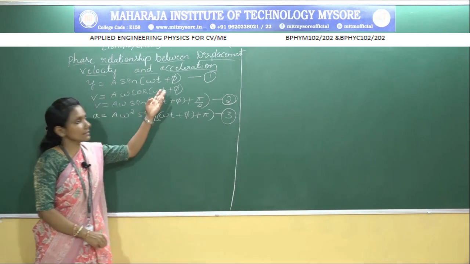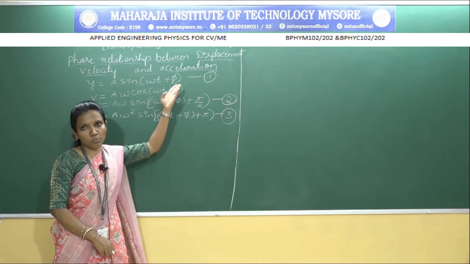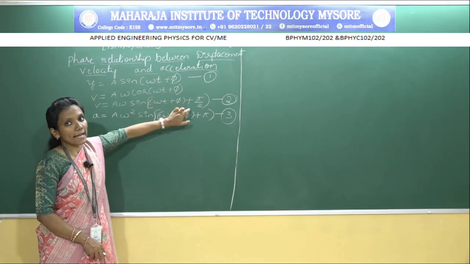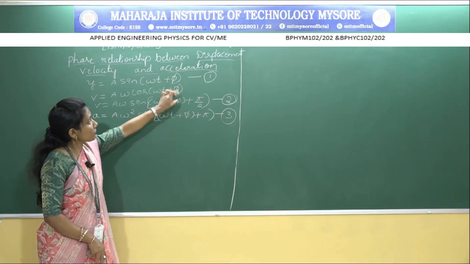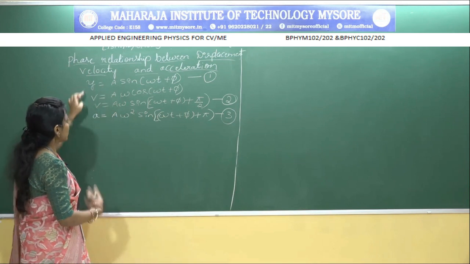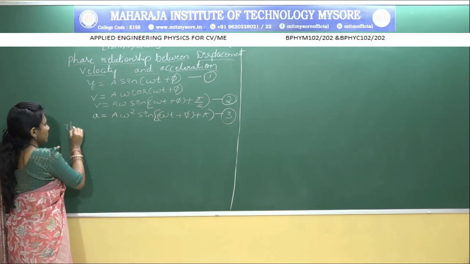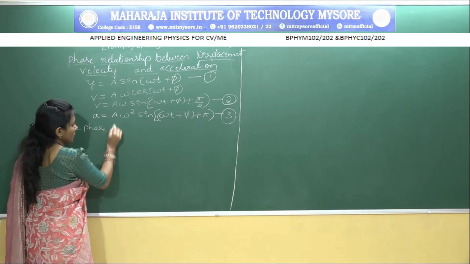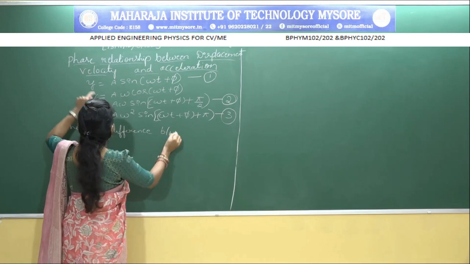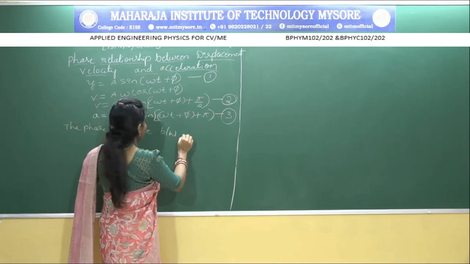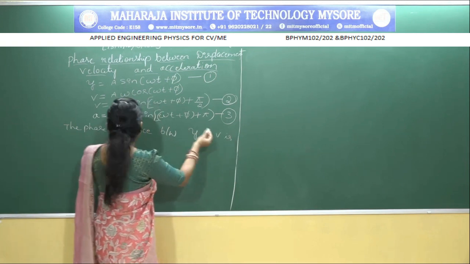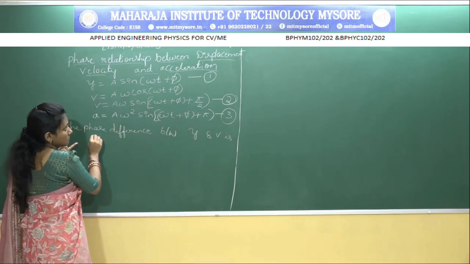If we observe these three expressions, displacement, velocity and acceleration, then we can easily analyze at what phase difference the particle is oscillating. So now the phase difference between displacement and velocity is pi by 2.